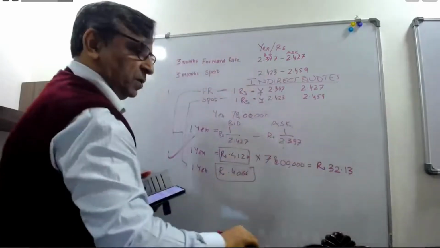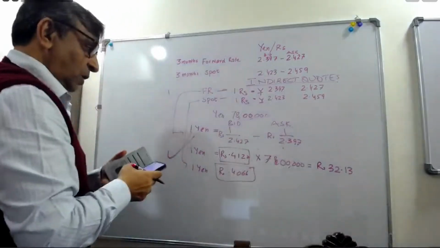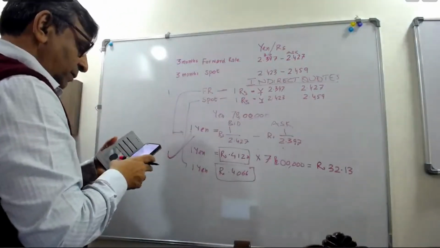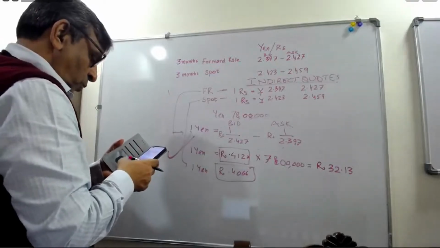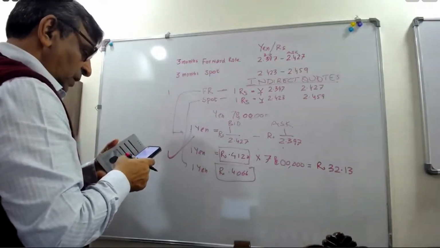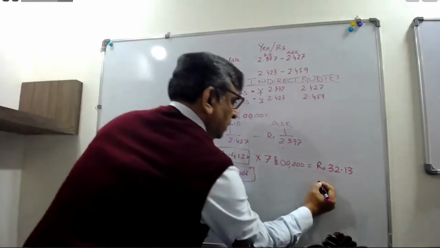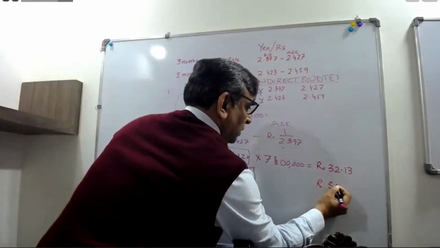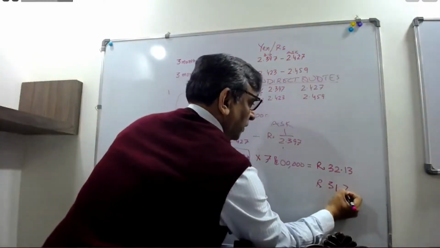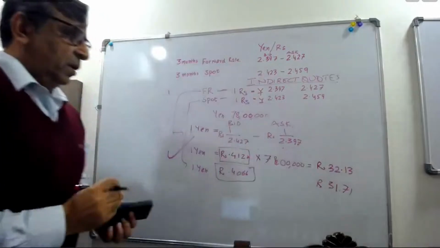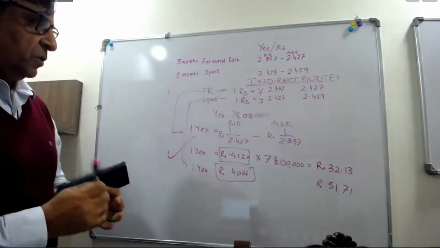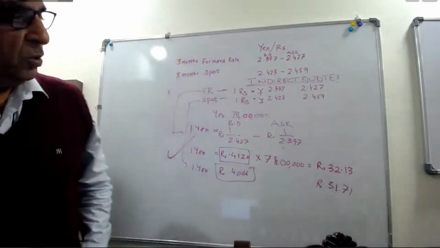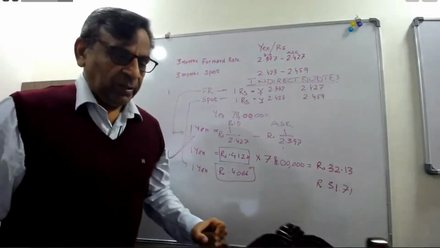Fine. Now 78 lakhs into 0.4066, he will be getting only 31 lakhs 71,000. So if he takes a hedge, he's going to get 32 lakhs 13,000. If he doesn't take a hedge, he's going to get only 31 lakhs.